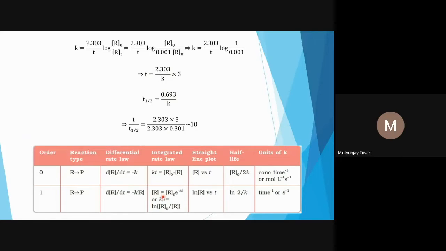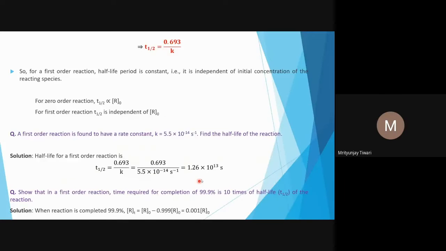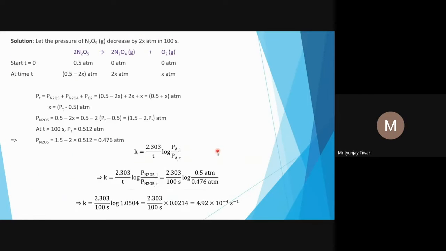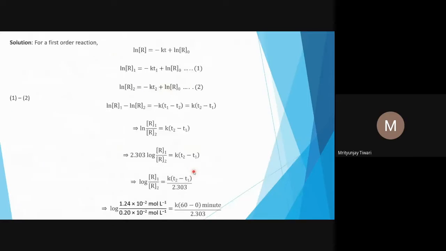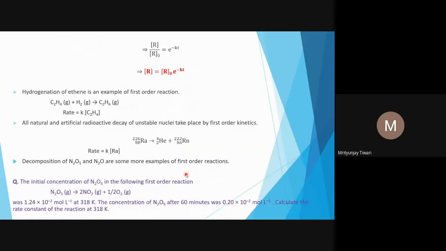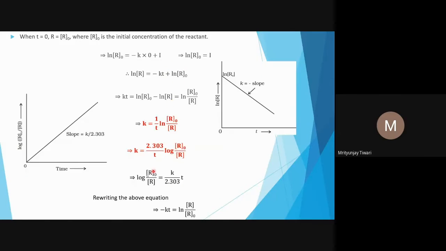For the first order reaction, the integrated rate law we obtained as [R] is equal to [R] naught e to the power minus kt, if you remember this equation. Similar thing we can write in terms of log as well.